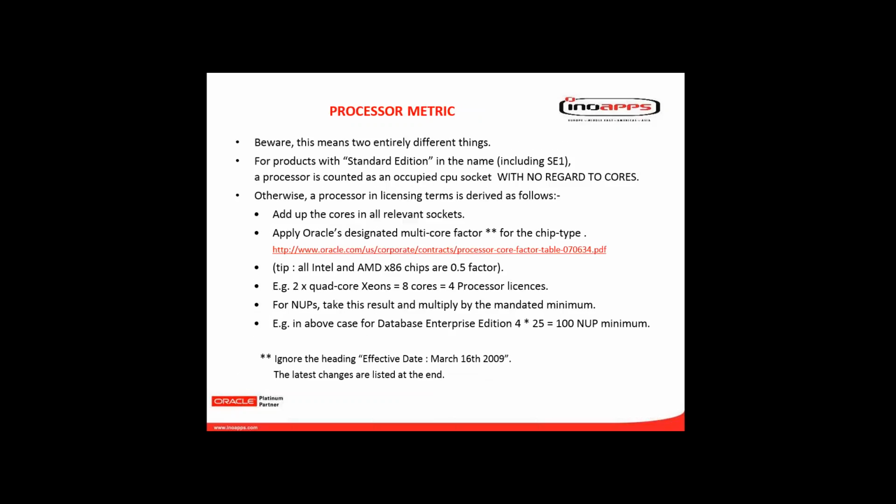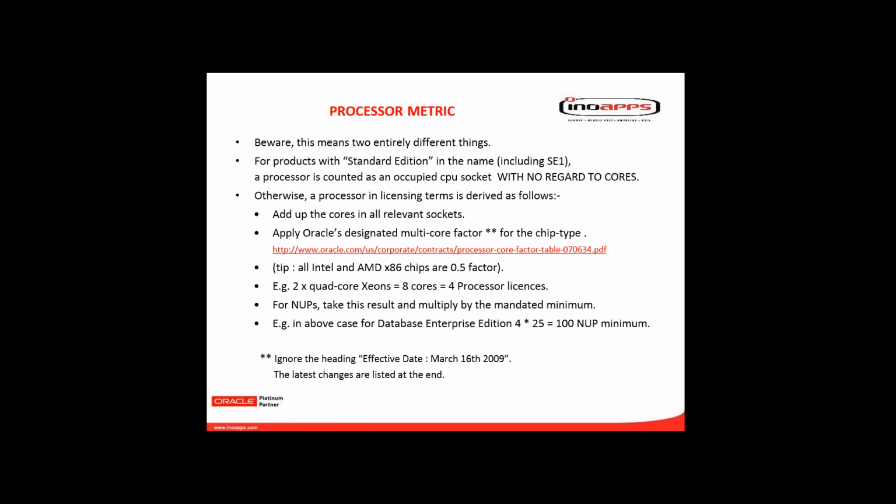So let's move on to processor metrics. Beware, because this is 2 entirely different concepts. Here's a simple rule: any product that has the phrase standard edition in the name, and that would include standard edition 1 as well, whether it's database or any other, WebLogic standard, etc., a processor is counted as an occupied CPU socket with no regard to cores.